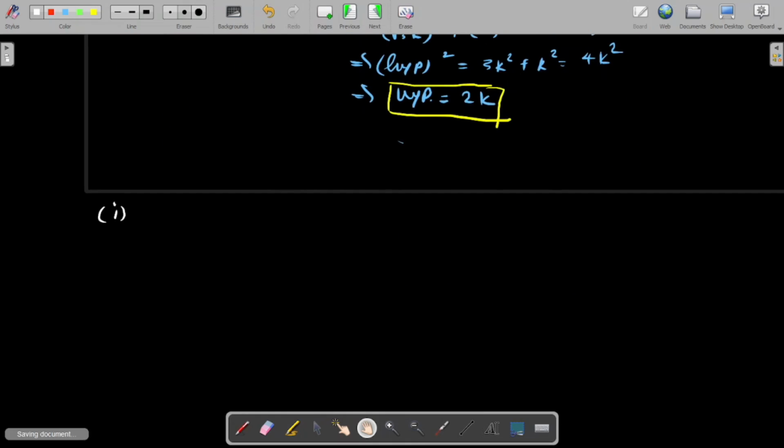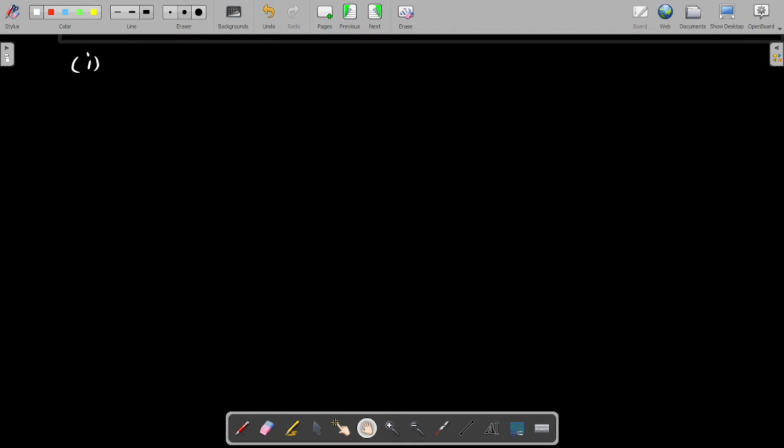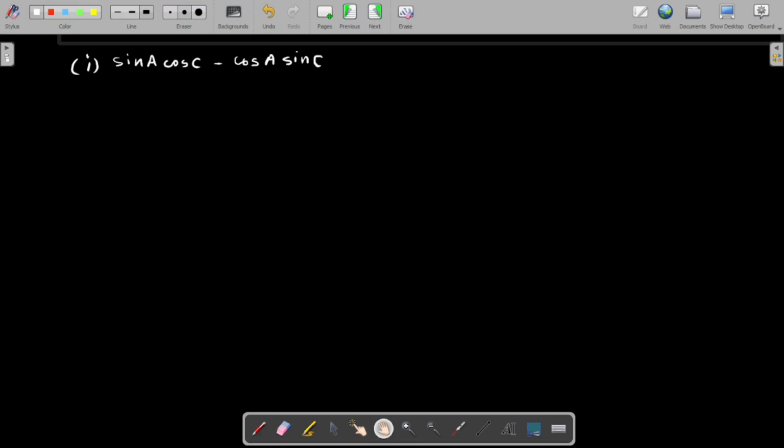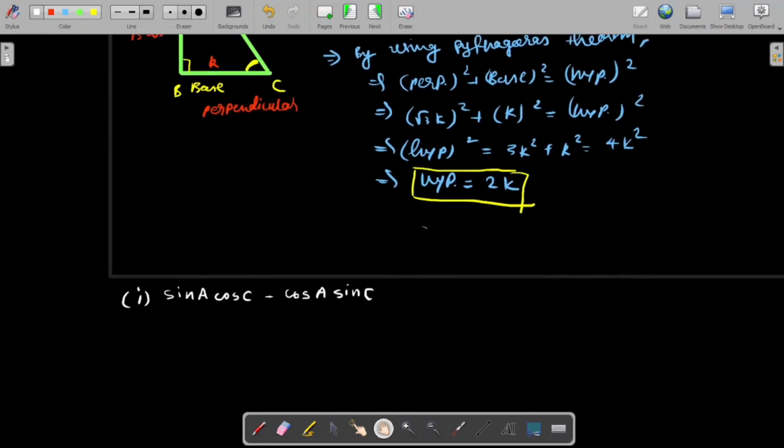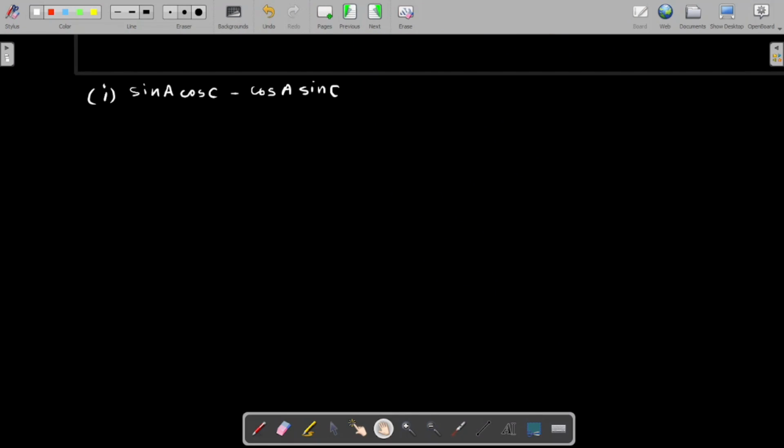We have to find the values of sin A, cos C, cos A and sin C. Okay, no problem, just take plus here.